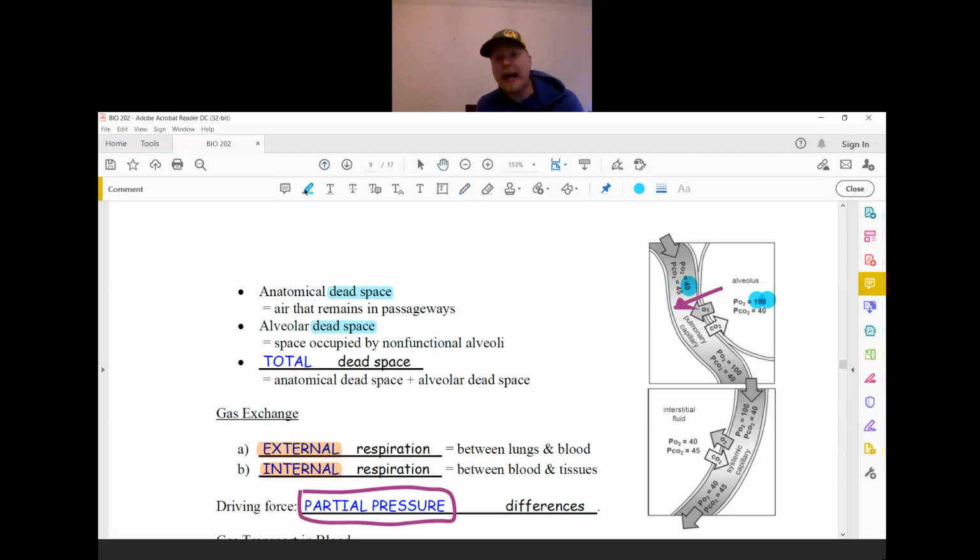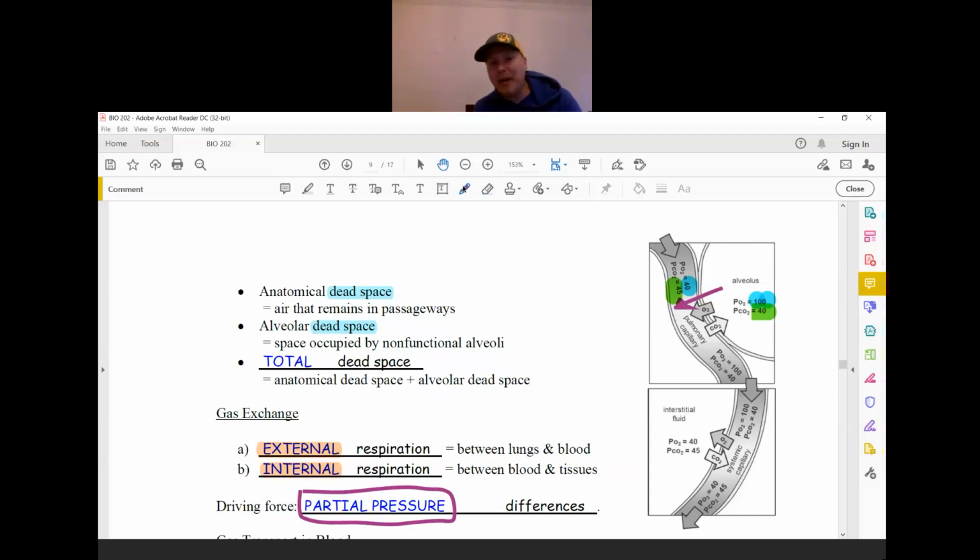Let's have a look at what happens to the carbon dioxide then. Carbon dioxide concentration in the blood that's returning from the systemic circuit through capillary blood is 45 millimeters of mercury. Partial pressure of the carbon dioxide in the air is 40.